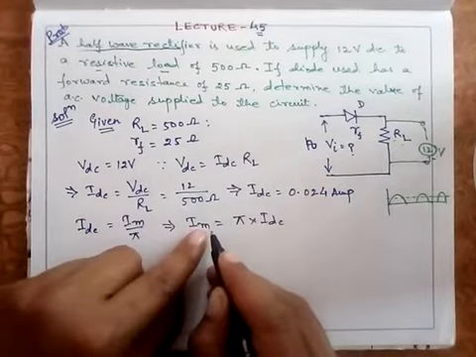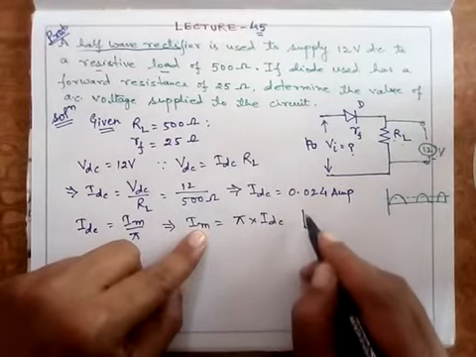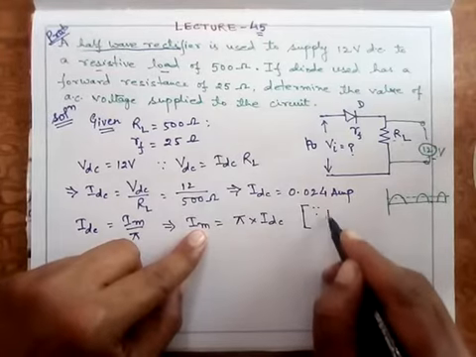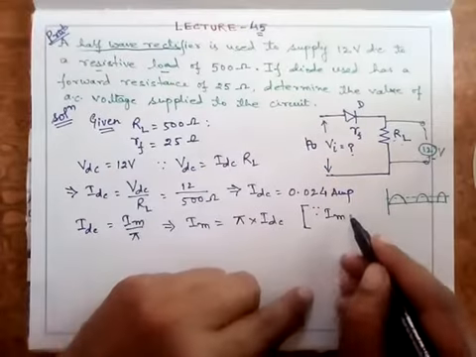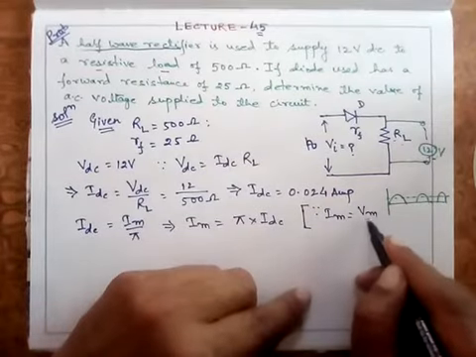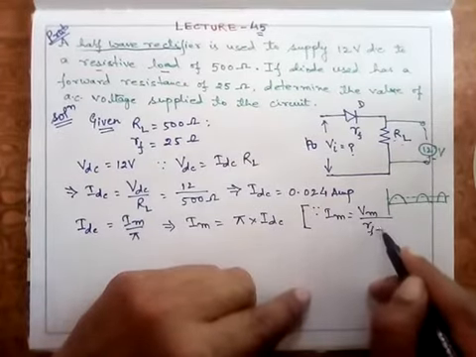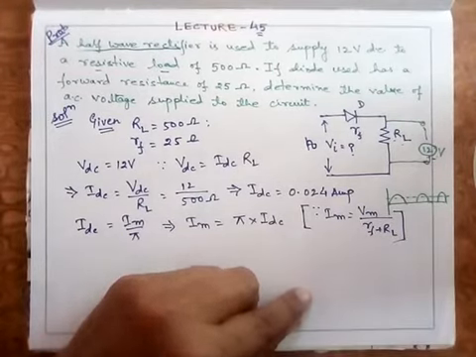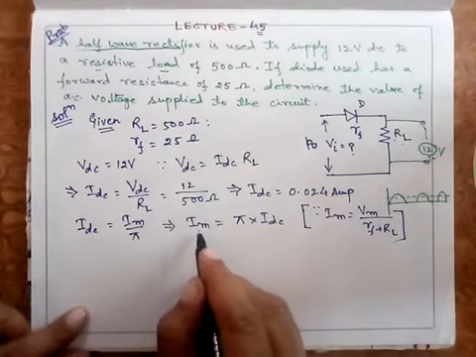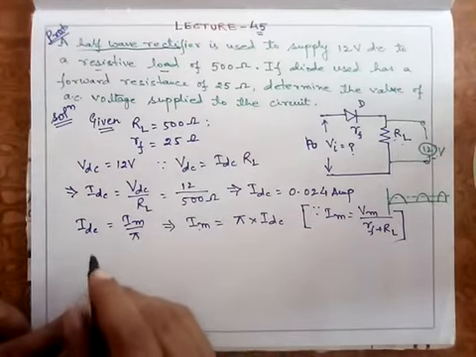Now, I have already done this many times with you, this maximum current Im will occur when this Vi is maximum, so it is equal to Vm upon Rf plus RL. So I substitute this value as Vm upon Rf plus RL.